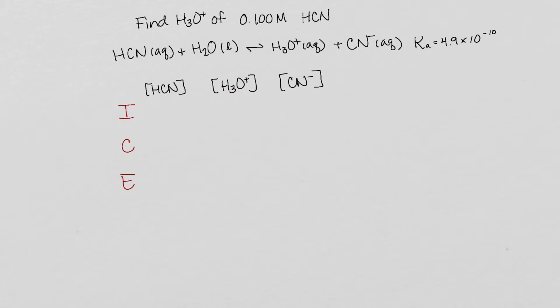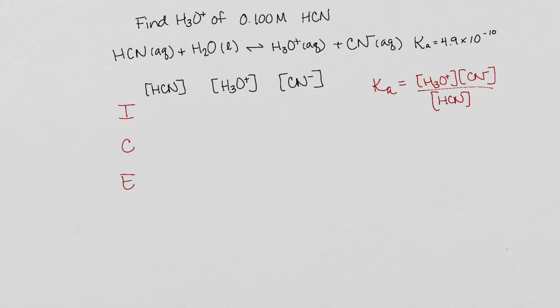So let's start by making sure we know what our K expression looks like. So our K value will have the hydronium ion and the cyanide ion on top, and then would have the hydrocyanic acid on the bottom, okay? And we have our ice table. So let's fill in the values that we know.